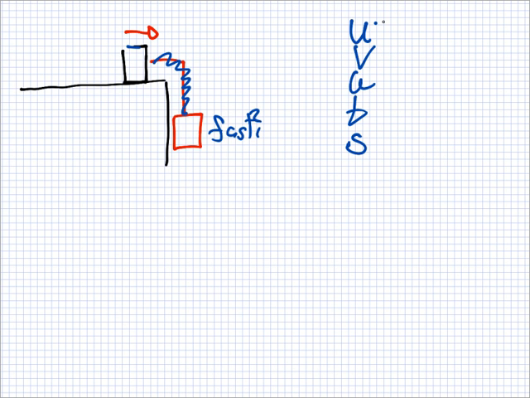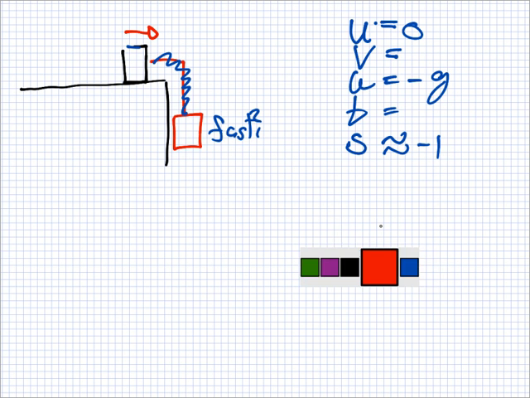The U is 0, the V is what we want, the A is minus g, the T we don't know, but the S we do know. What's the S? Minus 1. Or rather, it's nearly minus 1. It falls, gets to nearly minus 1, and when it gets to minus 1, it tightens. So I'll say S is roughly minus 1. It's practically minus 1.